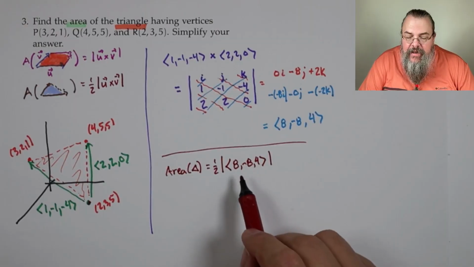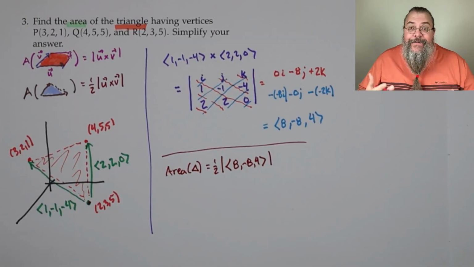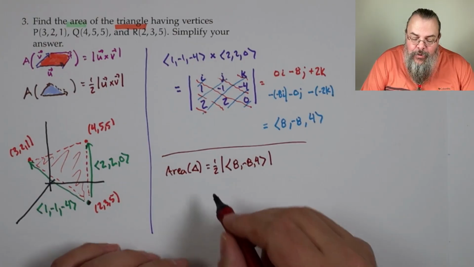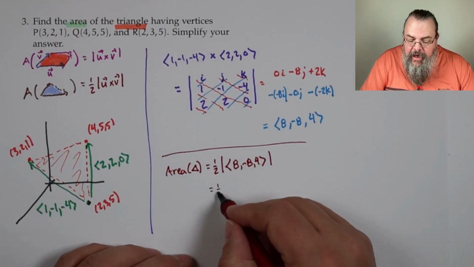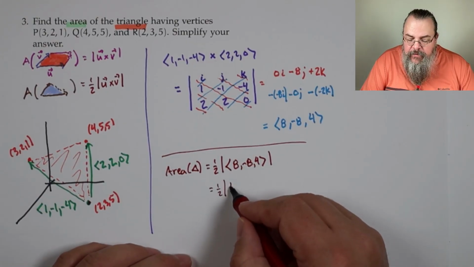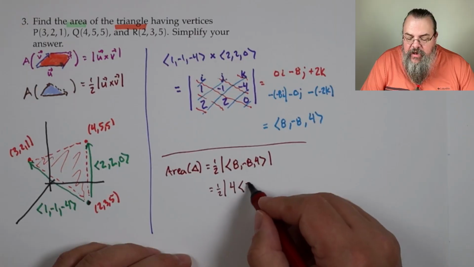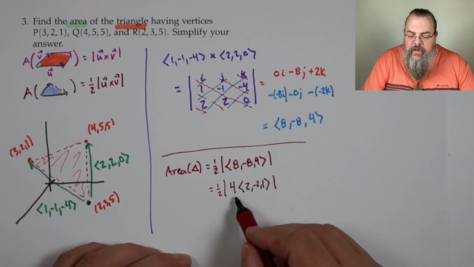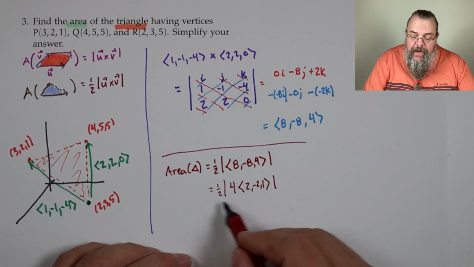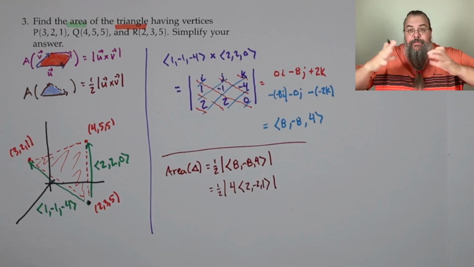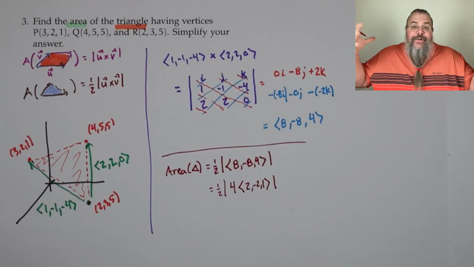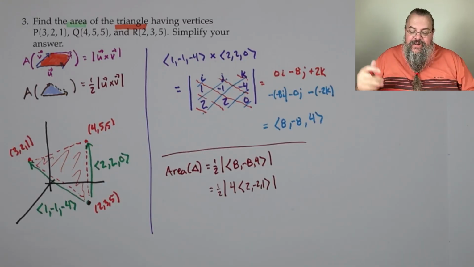Notice 8, negative 8, 4 all have a common factor of 4. So we can do the following. This is 1/2 of the magnitude of 4 times the vector 2, negative 2, 1. And now, the nice thing is we can bring the 4 out of the magnitude. Because if I'm scaling the vector by something, I know how that affects the size of the vector.